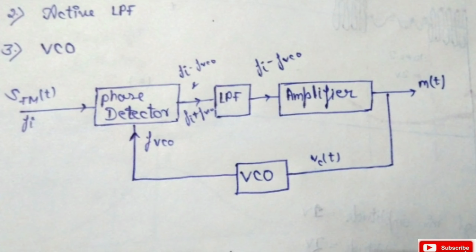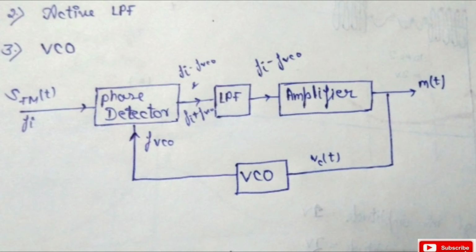That message signal goes as input to the voltage controlled oscillator, which generates the frequency according to the message signal input amplitude. So that generates the frequency FVCO.